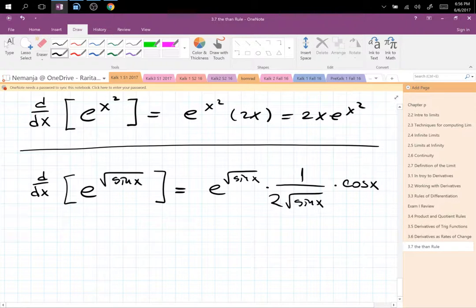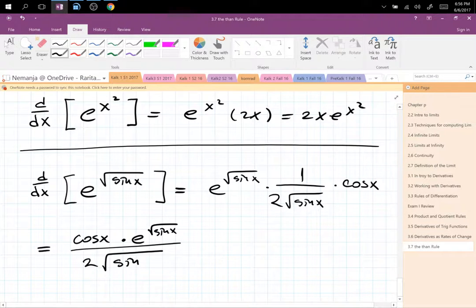Cosine x. Nice. That's it. So we have cosine x times e to the square root sine x divided by 2 square root of. You don't have to rationalize in this case because you will not be doing any further calculations.